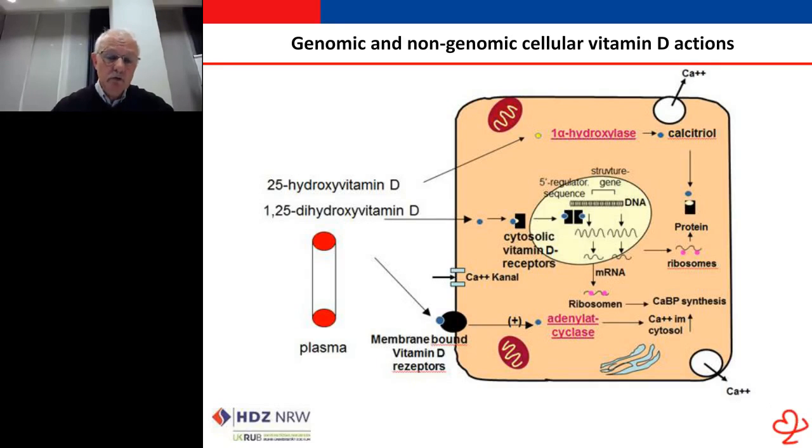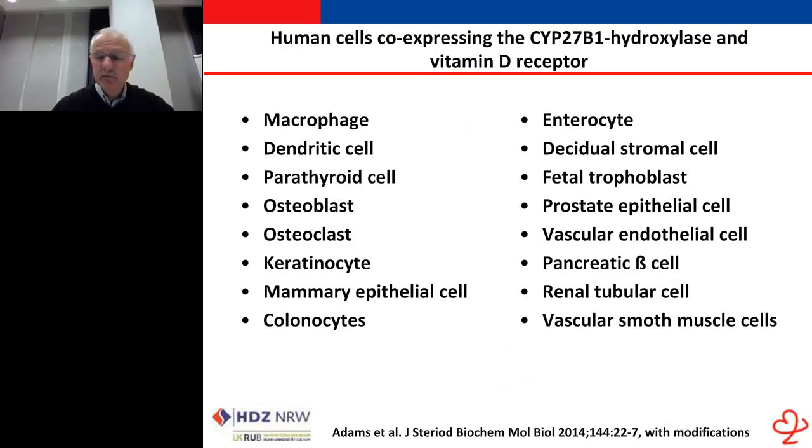But it's also possible that 25-hydroxyvitamin D is taken up by some tissues, and they are able to produce the active hormonal form of vitamin D by themselves.